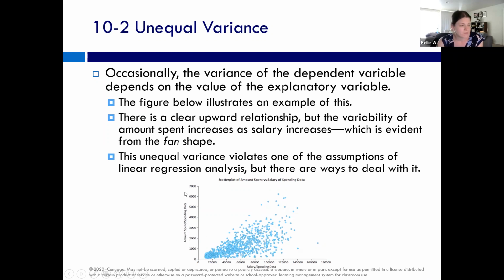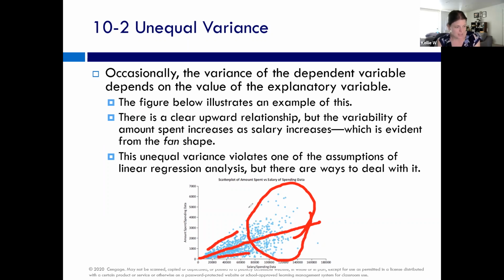But as salary increases, our variability also increases. So it's more consistent here. We're closer to the prediction line. And then as we move out, our variability increases. So this is unequal variance, and it violates an assumption of linear regression analysis, but we will look at ways to deal with it.